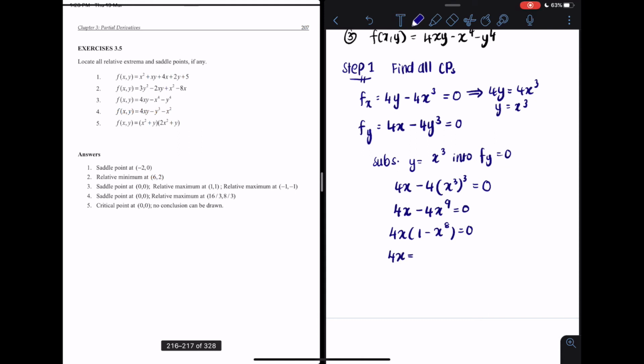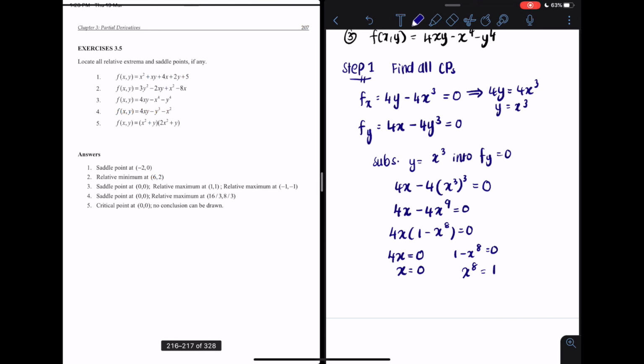For x equal to 0, x equal to 0. And 1 minus x to the power of 8 equal to 0. Since x to the power of 8 is an even power, x to the power of 8 equal to 1.